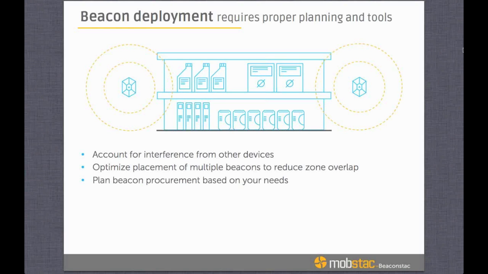Another thing that becomes important when you're doing beacon installations is to plan your procurement. It's very likely, if you have a fairly large installation, that you have requirements that vary across different parts of the space. You may need beacons in a given space that don't have any batteries in them, that can rely merely on USB power. So that's one kind of beacon.